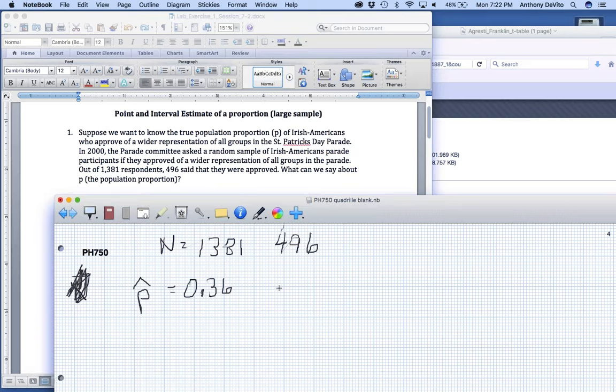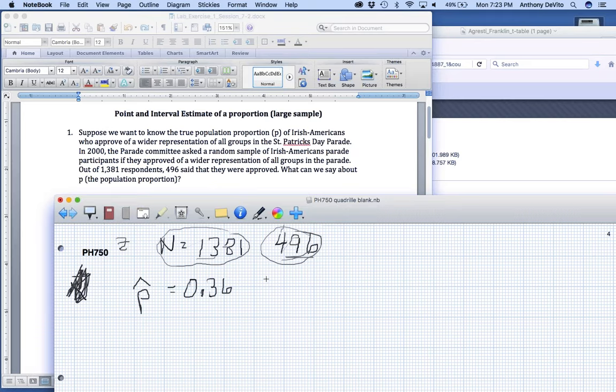Okay, 0.36. So now we know our sample size justifies using the z-score instead of going to a t-table, right? Big sample size, sufficiently large, yes and no, or successes and failures for a proportion. Now what do I need to know besides that proportion?